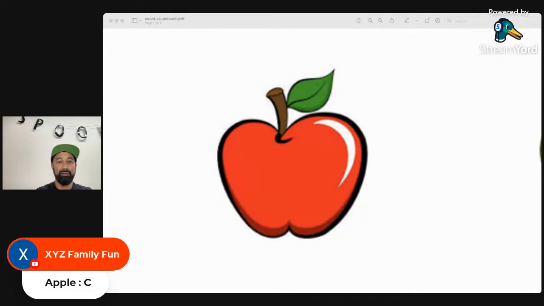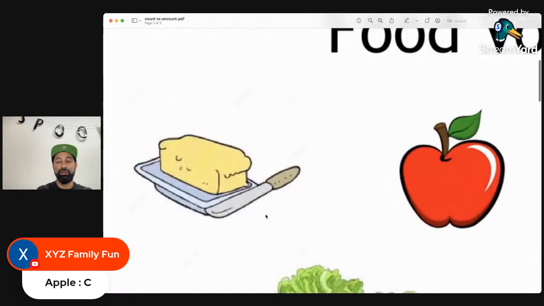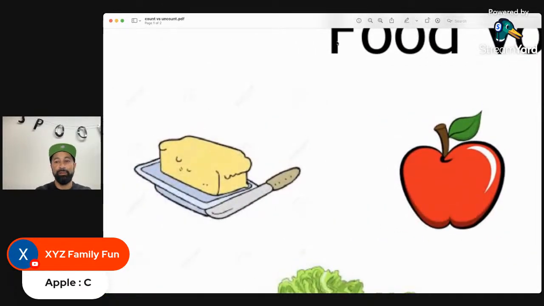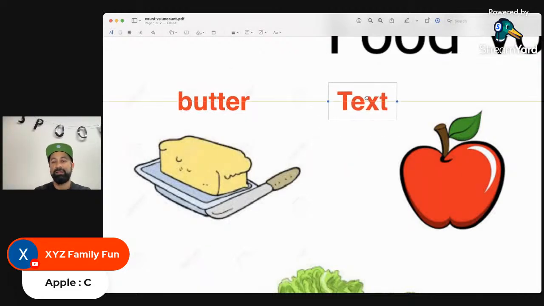Very good. Now, very good point to mention here. Really important point to mention here. Let's look at these two examples. Let's put the words onto the screen. We've got butter and we've got apple.